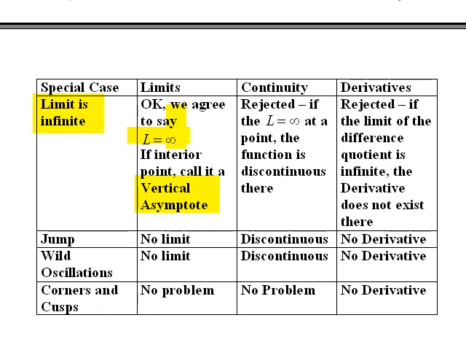Okay, but when you move to continuity, an infinite limit is rejected. If the limit is infinite at a point, we say the function is discontinuous there. And when you're trying to take a derivative, if the limit is infinite, we say there is no derivative, or the derivative does not exist there. So infinity is accepted under limits, but not under continuity and not under derivatives.